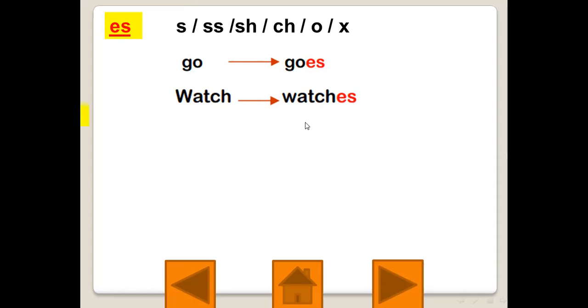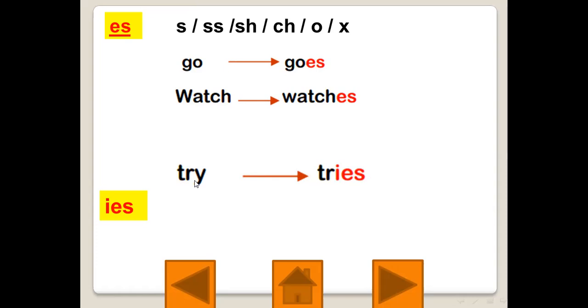What about ies? We add ies if the verb ends with y and before it there is a consonant letter, like try, which ends with y, and before y there is the consonant letter r.